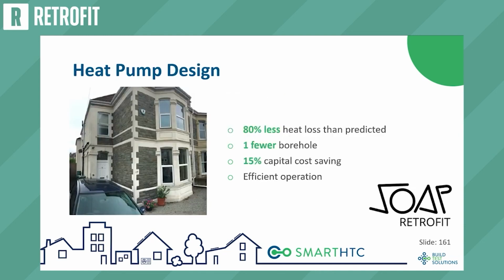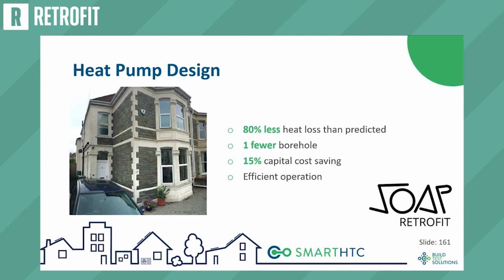So now, this is a friend of mine, Zach, who runs a company called Soap Retrofit, and he measured the overall heat loss from his house in Bristol, and he found that the measured heat loss was 80% less than the predicted heat loss for his flat. He's thinking about putting a ground source heat pump into his flat, and suddenly he needs to supply 80% less heat. Massive difference.